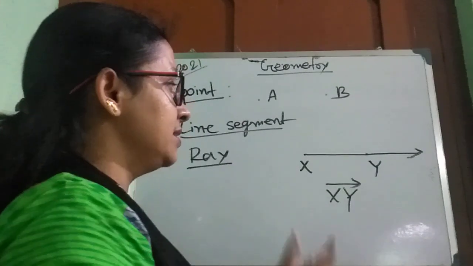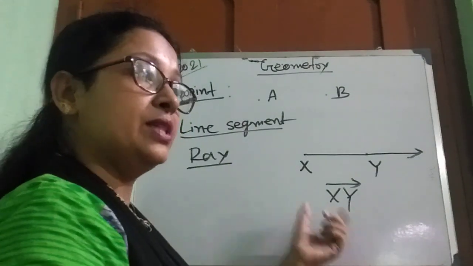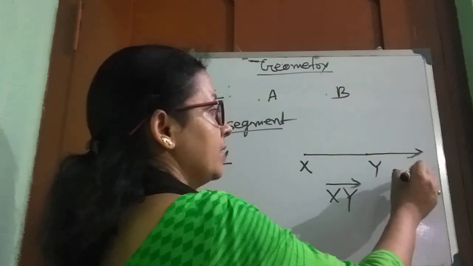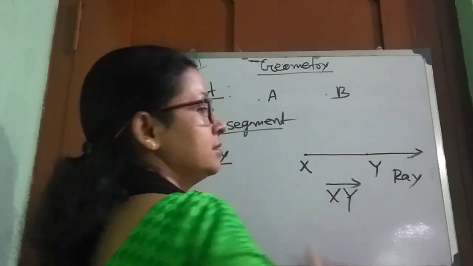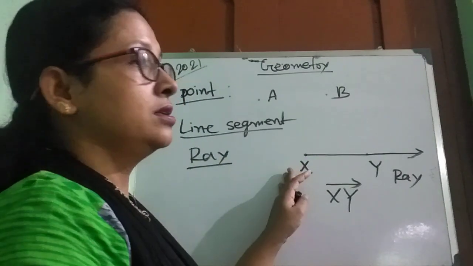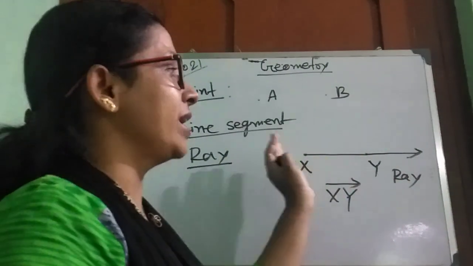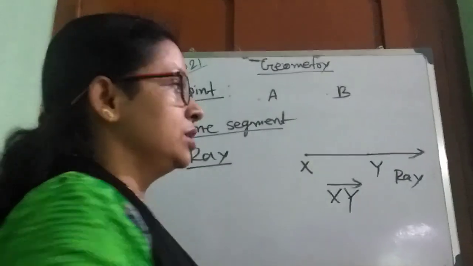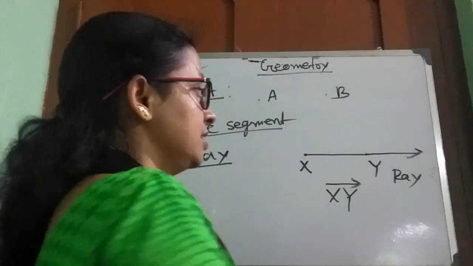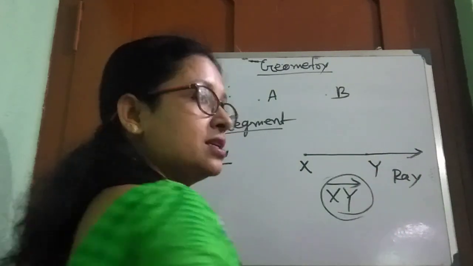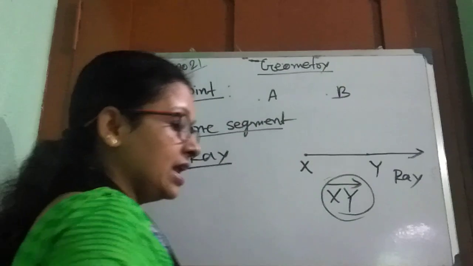In a line segment there will be two endpoints, but in a ray there is only one initial point, no endpoint, because where it finishes we don't know. It is extending endlessly. So this is the ray. Ray will be represented in this way. Okay, understand?